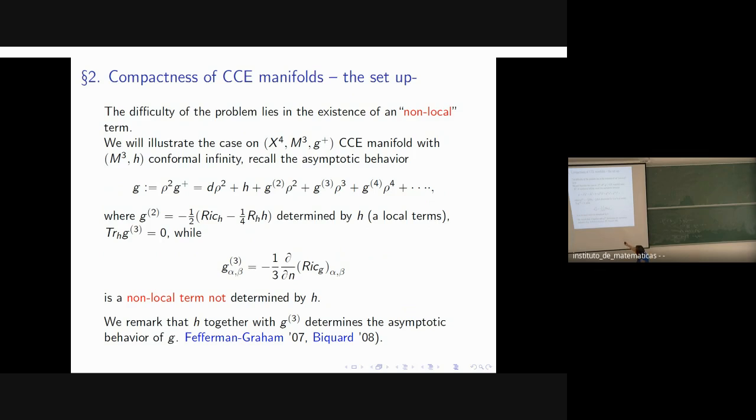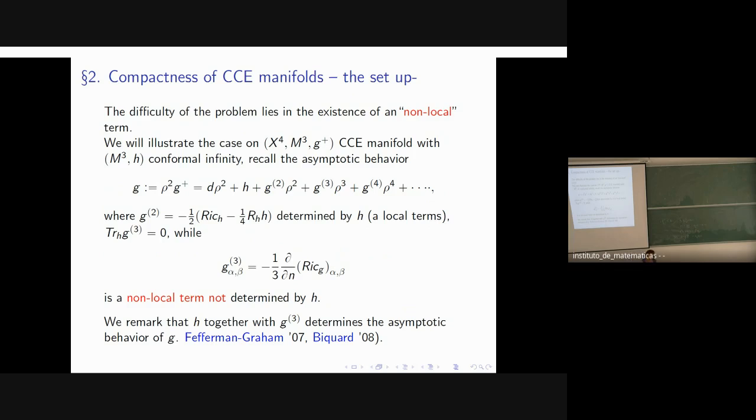But the g₃ term in this computation is the normal derivative of the Ricci of the metric. So wherever you have a normal derivative, that becomes non-local. Non-local for me means that the behavior of this function at one point does not only depend on its behavior in a neighborhood, it depends on what happens at other places on the entire compactification.